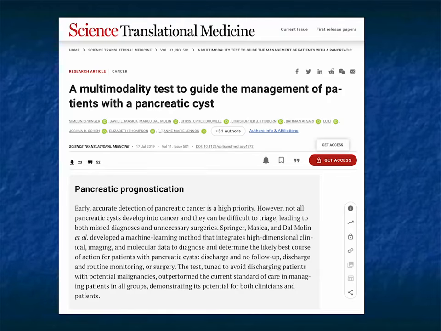Well, one of the challenges has been, if you look at this article, there was a multi-center, multi-site study. 840 patients went to surgery because they had cystic pancreatic lesions that the GI folks and/or the surgical folks felt were suspicious for malignancy.